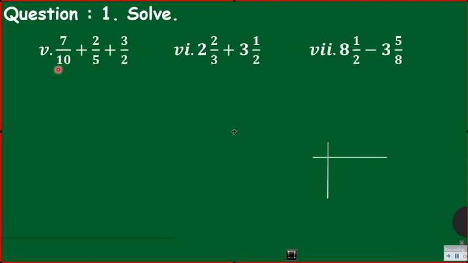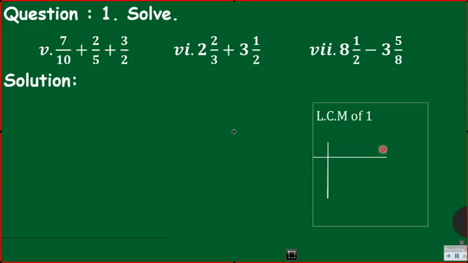So how will you add them? First you take the LCM of all the denominators: 10, 5 and 2. LCM of 10, 5 and 2.